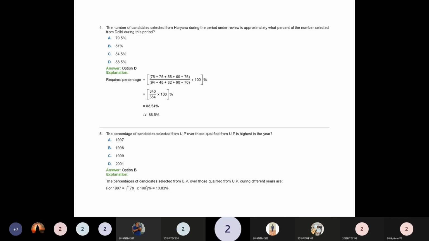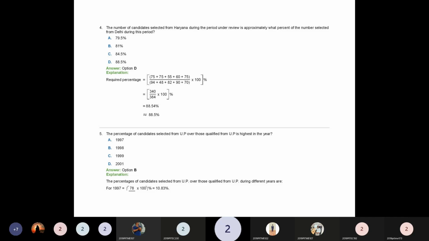As I told you, if they are comparing 2 data and asking the percentage, you take the first data in the numerator and the next data in the denominator. So you take selected candidates in Haryana over the last 5 years, and selected candidates in Delhi over the last 5 years.